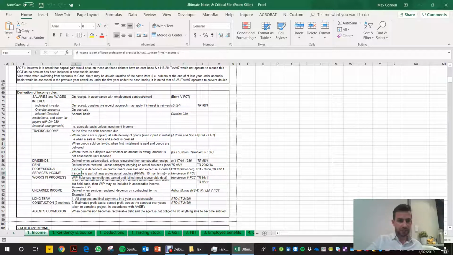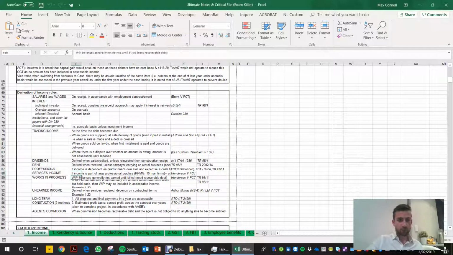It comes down to two questions. If it's dependent on a practitioner's own skill and expertise, it's cash basis. However, if it's part of a large professional practice, think of a large accounting firm, it will be on an accrual basis. So a sole trader plumber is cash basis, and a large professional practice is accruals. Here are the relevant cases over here.